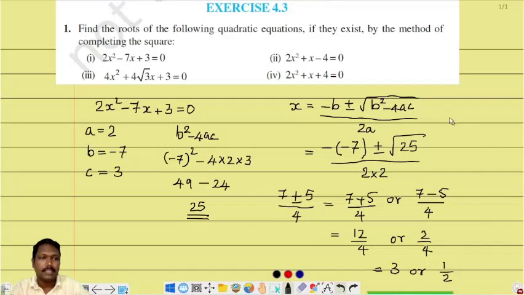So we can write here x is equal to 3 or x is equal to 1 by 2. So these are the solutions of this equation by formula. Using formula we found this one. Now let us move to the second question.